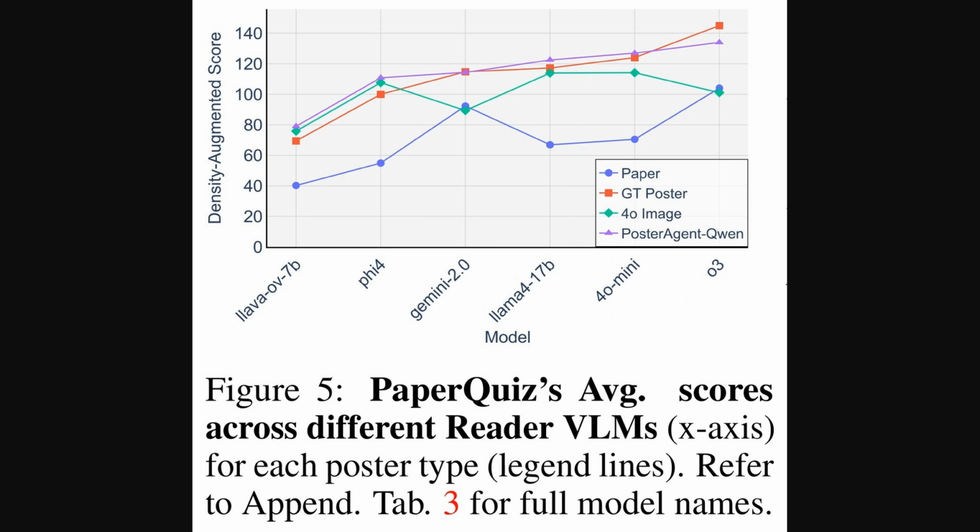We see lines for the original paper in blue, the human-made ground truth poster in red, another generated poster called 4.0 image in green, and Poster Agent Qwen in purple. Poster Agent Qwen consistently scores very well across these different vision language model readers, often matching or even exceeding the performance of the ground truth poster. This indicates that posters generated by Poster Agent are quite effective at communicating the paper's core information.